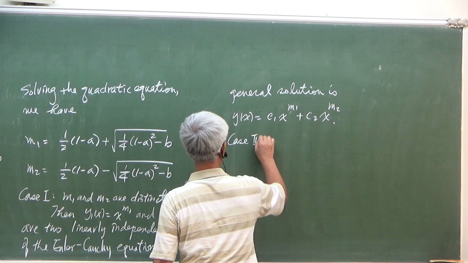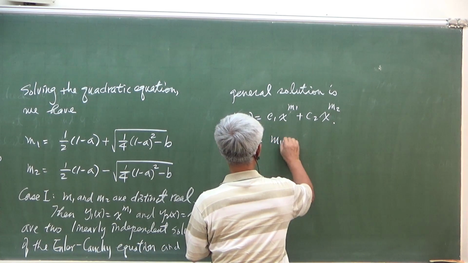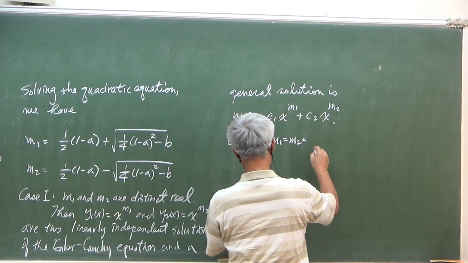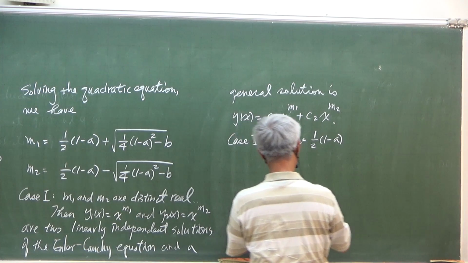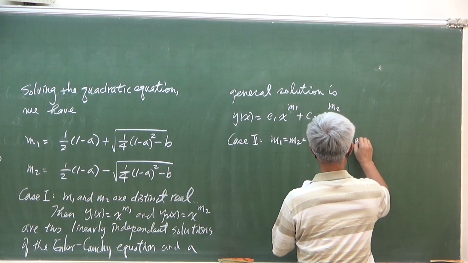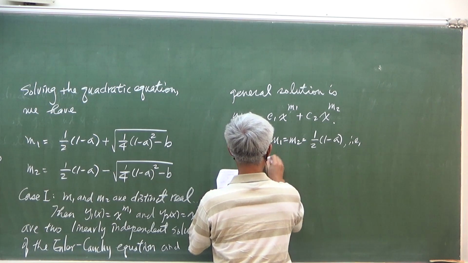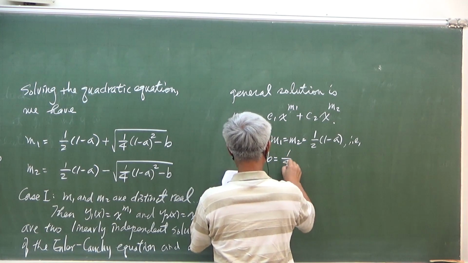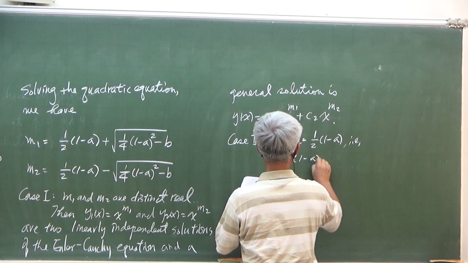Case number 2, n1 is equal to n2 is equal to 1/2 of (1 minus a), so we have b equal to 1/4 of (1 minus a) squared.